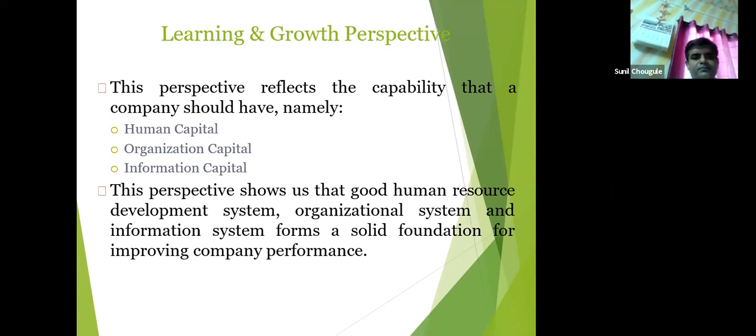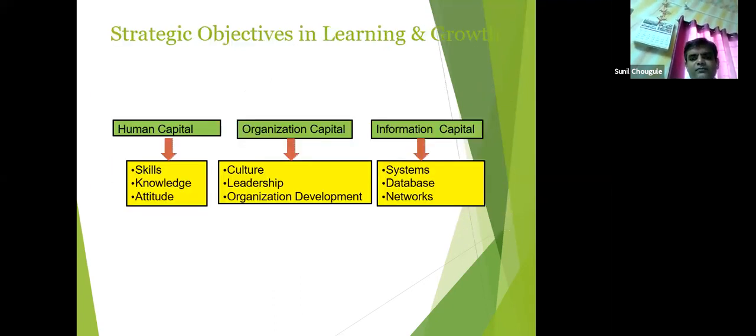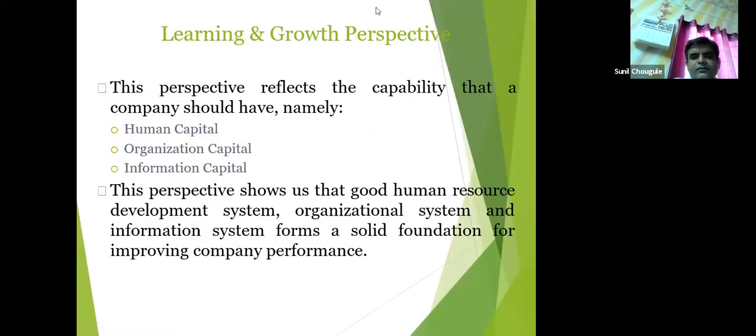Organization capital, information capital, these are all very important capabilities that a company should have and that companies do hold. This perspective shows us that good human resources, organizational systems, and information systems form a solid foundation for improving company performance.